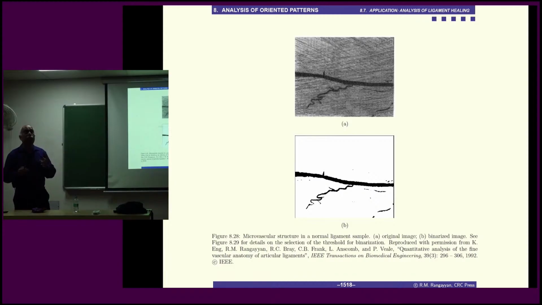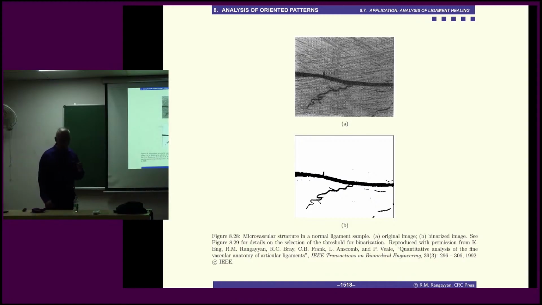Now there is microcomputer tomography possible by using synchrotron radiation. In Canada, we have what is called the Canadian Light Source in Saskatoon, not far from Calgary, maybe 700-800 kilometers. It's a huge facility, huge building with an accelerator, not linear but circular, synchrotron.